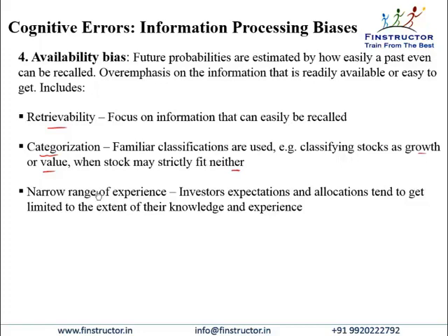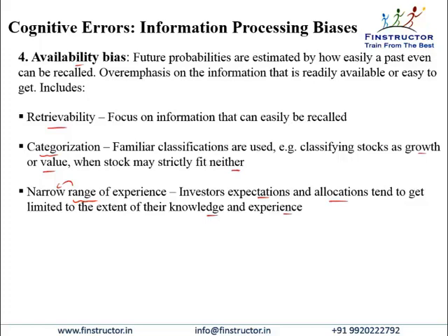How we will trade will depend on our range of experience. So if our range of experience is narrow, then our categorizations will also be narrow. So our expectations and our allocations will be limited to the extent of our knowledge and experience. So we have experience, or availability, of stocks and bonds.